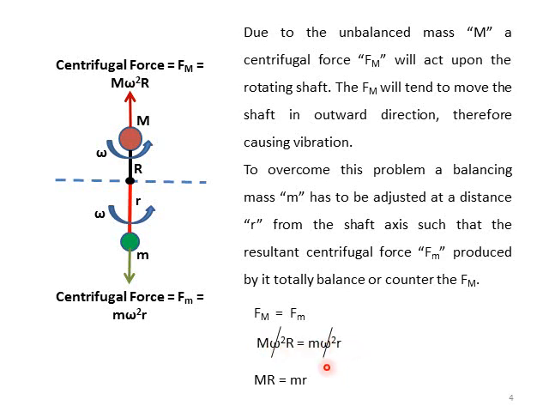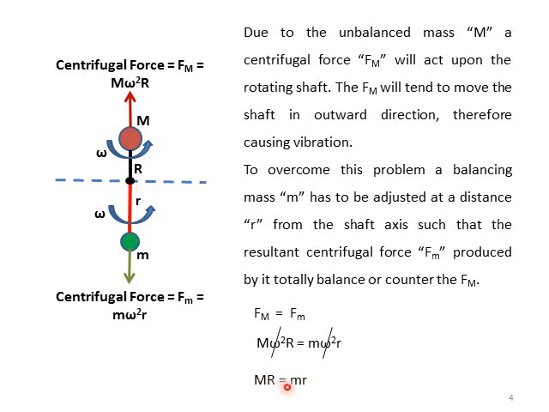If both forces counter each other, that is, if they are equal, then there will be no unbalanced force left on the system, which means there is no vibration, and this criterion has to be fulfilled: M_u r_u must equal M_b r_b.